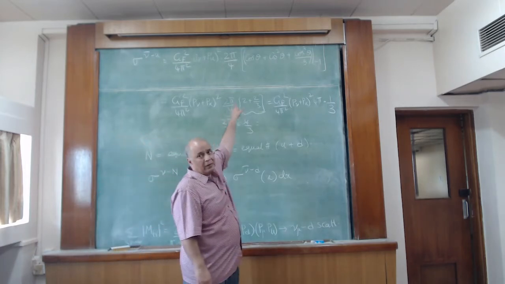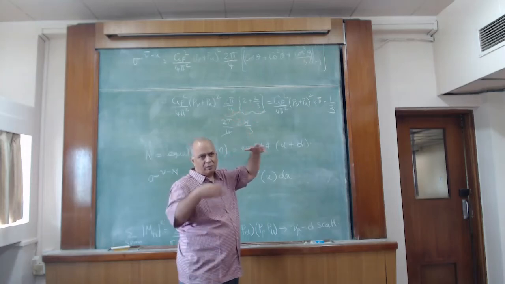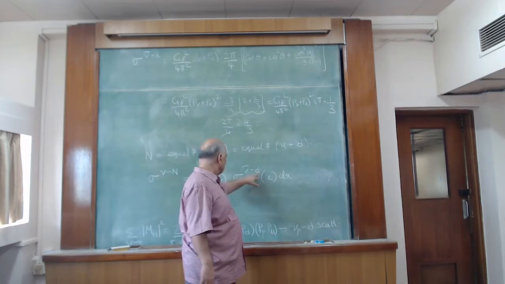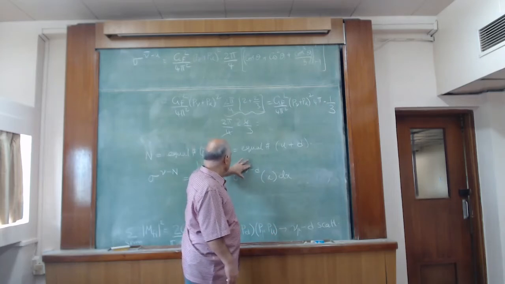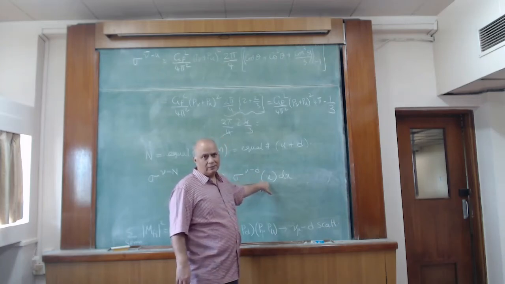We have been writing that p_d, but that p_d is x times p of the nucleon. So in that sense, this cross section is a function of x.